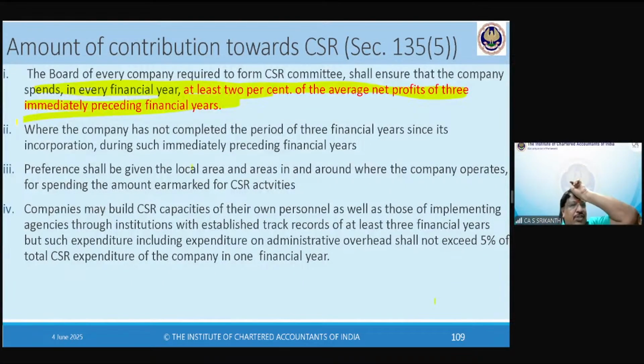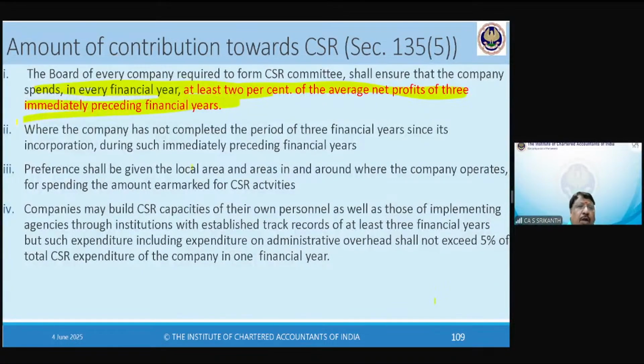So first you have to check whether you fall under the CSR criteria. If yes, then you have to form a CSR committee. Then every financial year, you have to contribute minimum 2% of the average net profits of the 3 immediately preceding years.